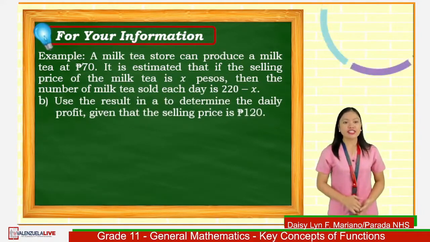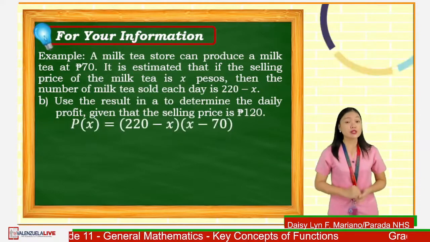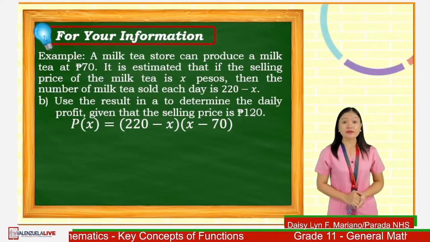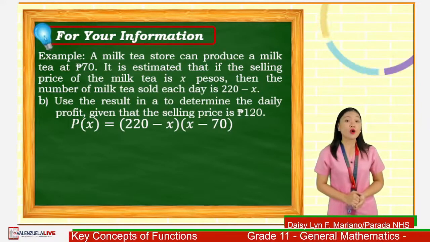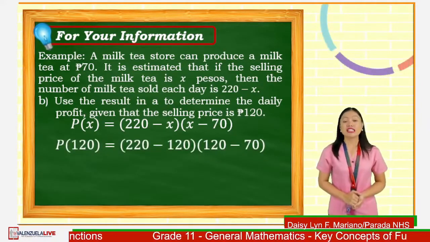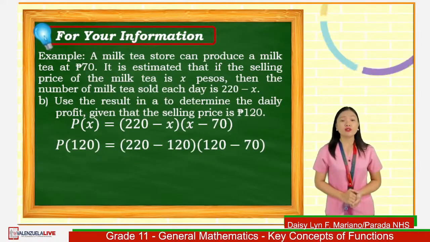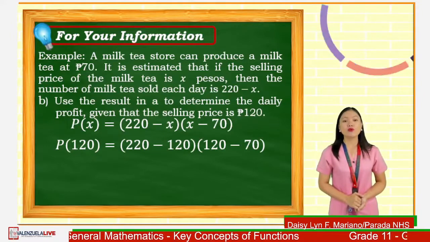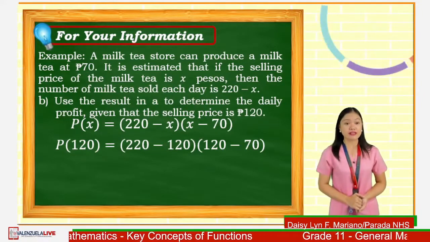Using our answer in A, P of X is equal to the quantity 220 minus X times the quantity X minus 70. Substitute 120. P of 120 is equal to the quantity 220 minus 120 times the quantity 120 minus 70.